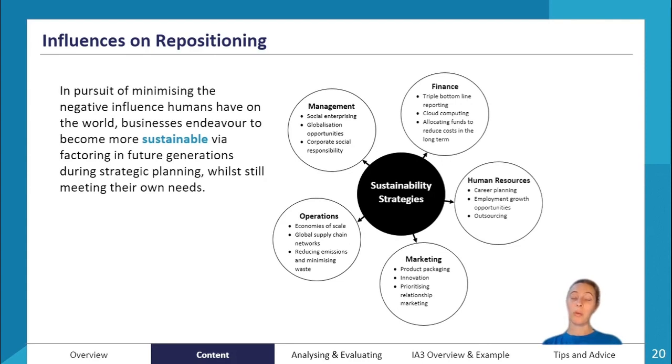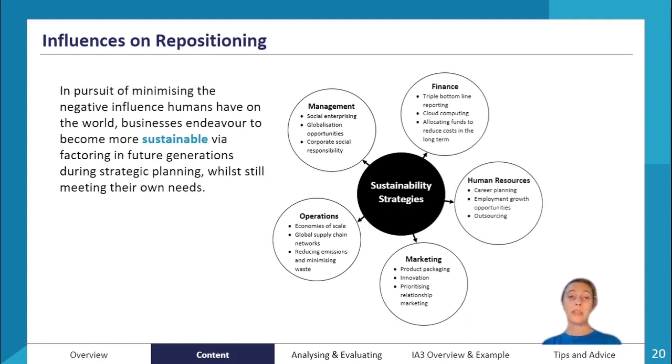Operations is something we probably think of first when we think of sustainability, things like reducing emissions and minimizing waste. Management: we could have globalization opportunities. Corporate social responsibility is a big one as well that we'll look at shortly. And finance can also come into this as well.